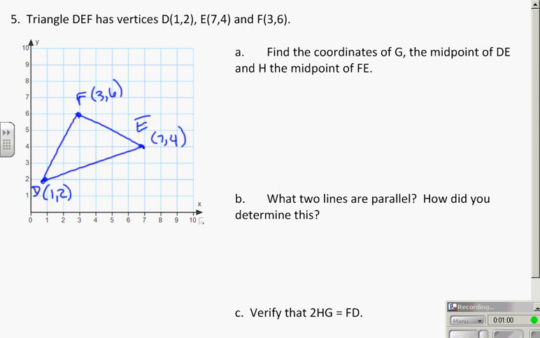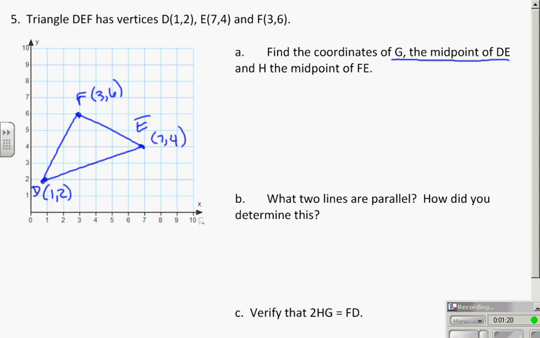So first thing they ask us is to find G, the midpoint of DE. And if you remember, midpoint is really an average. Oh, D to E. Yep, D to E. Remember what I'm doing there.